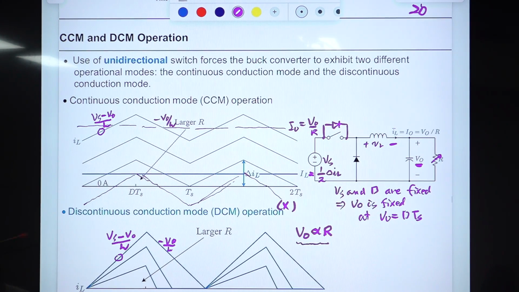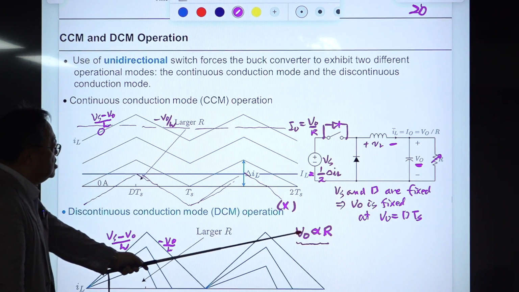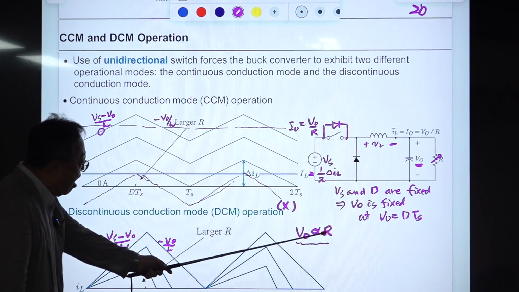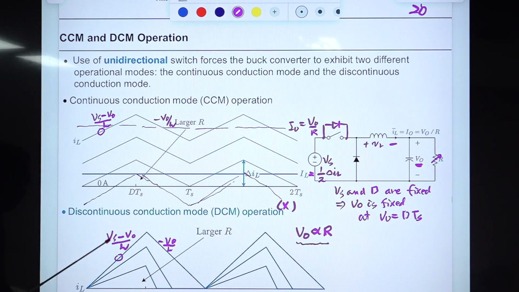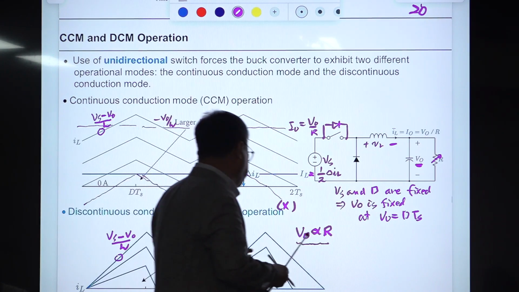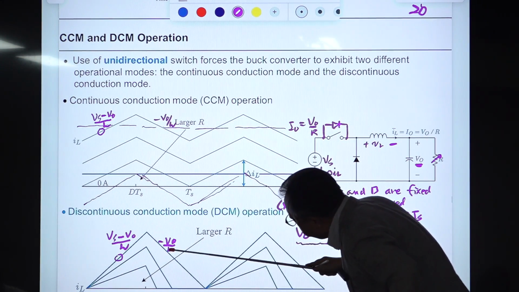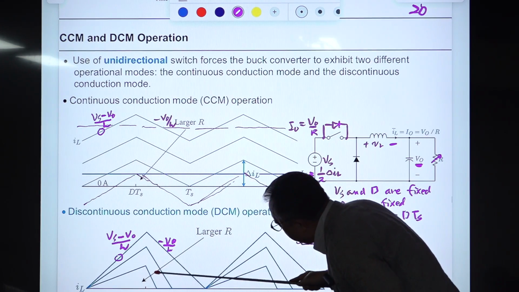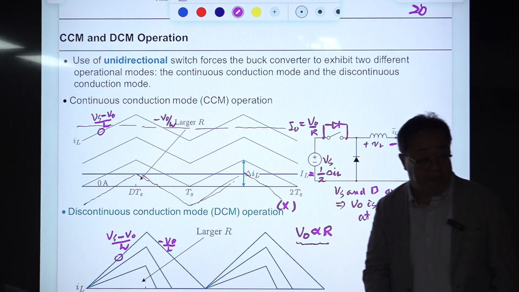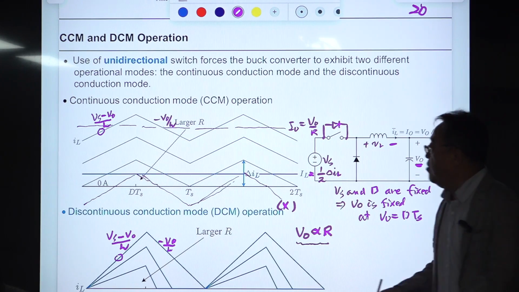If the output voltage is increased, if you increase R further, then this remains the same, but this is increased, so this slope becomes smaller, and this slope becomes more gradual like that. So this is true. When this voltage is increased in proportion to R, then this slope becomes steeper, and these are the correct waveforms. All right?